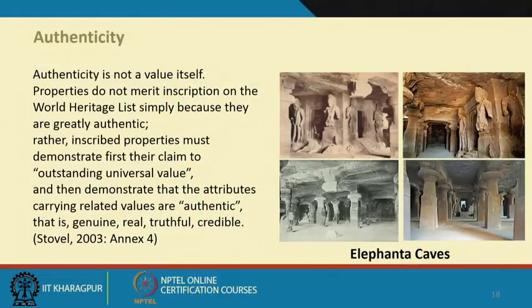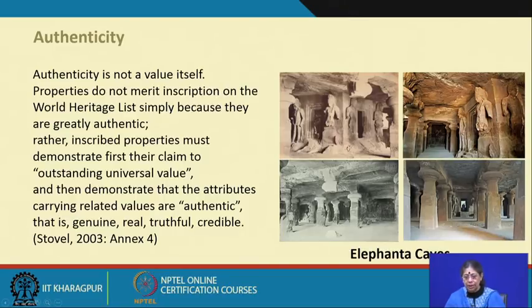If you see the old pictures of Elephanta Caves, you can see what the situation was; the columns were hardly there, and even now at this stage we can see that many of the sculptures have not been rebuilt, they have been kept like that. Many of the columns have been reconstructed or restored because they are important to carry the load.